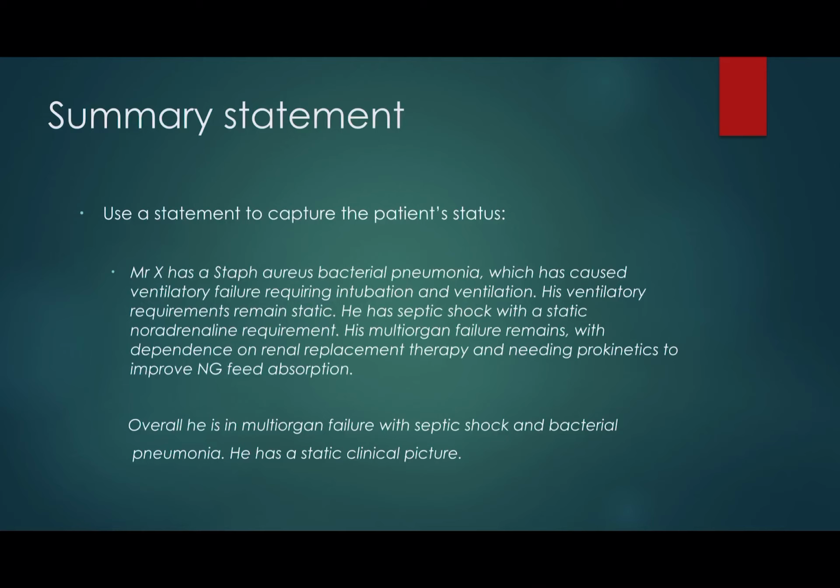He's got multi-organ failure, and he depends on renal replacement therapy, and he's also got gut failure as well. And then the final sentence just tells people very shortly what's going on. He's got multi-organ failure with septic shock and a bacterial pneumonia. He has a static clinical picture.